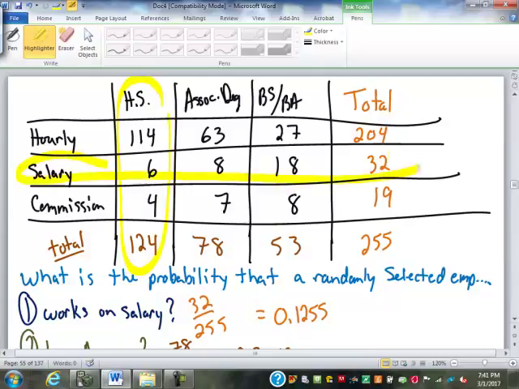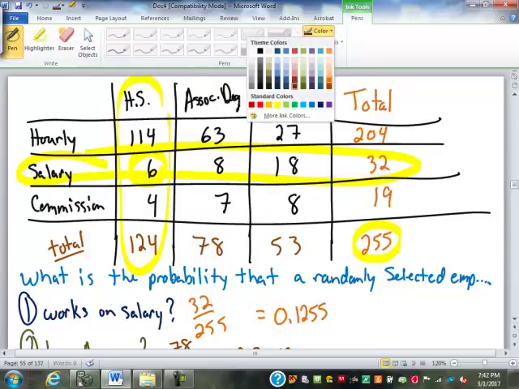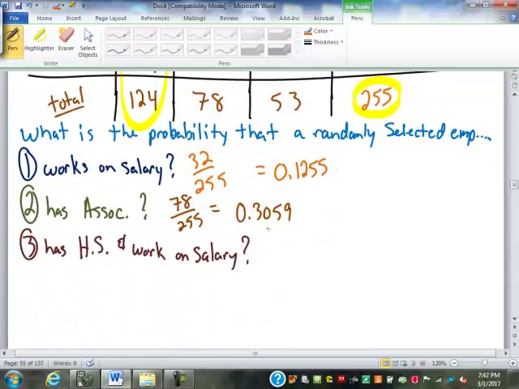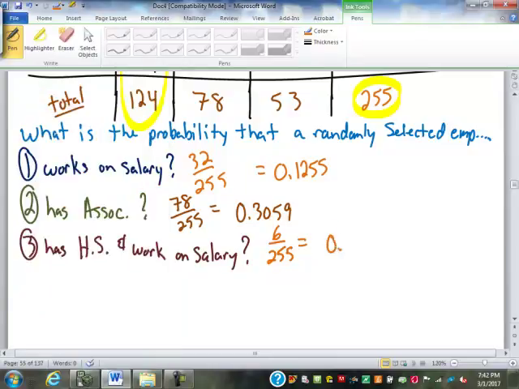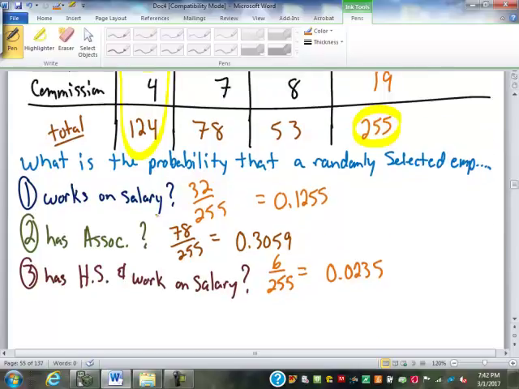Works on salary is right here. The only ones that do both are the 6 out of 255. So that's 6 out of 255. Obviously going to be a really small probability. 0.0235. So about 2.35% of our employees have both a high school education and work on salary.